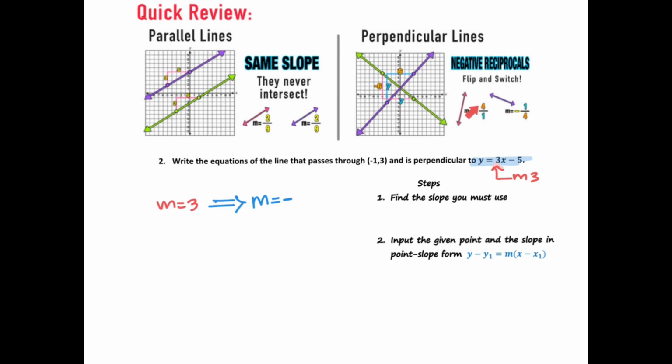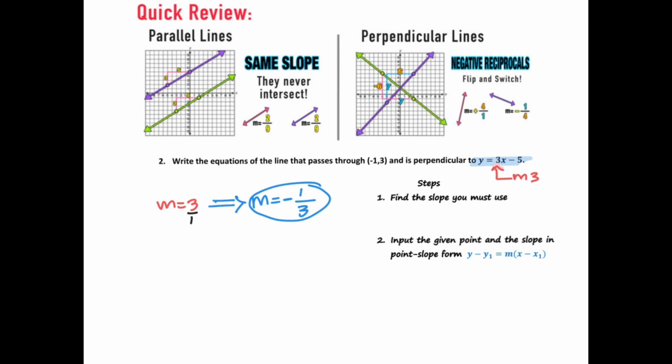So as an example, if we have 4 over 1, we're going to do 1/4. But this is a whole number. You should always remember that every whole number has an invisible 1 at the bottom. So this is how we turn any whole number into a fraction, by putting a 1 at the bottom. And this is now the fraction that we're going to flip. So at the bottom I have a 1, now it's going to appear at the top. And at the top I have a 3, now it's going to appear at the bottom. So this is going to be the slope that I'm going to use.